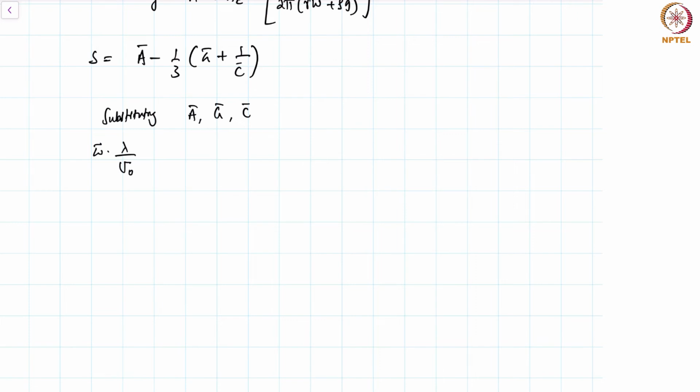growth rate omega. This will be equal to A epsilon by 6 by mu u naught h0 square minus 1 by 3 G becomes epsilon rho G h0 square by mu u naught plus epsilon cube gamma by mu u naught, right?